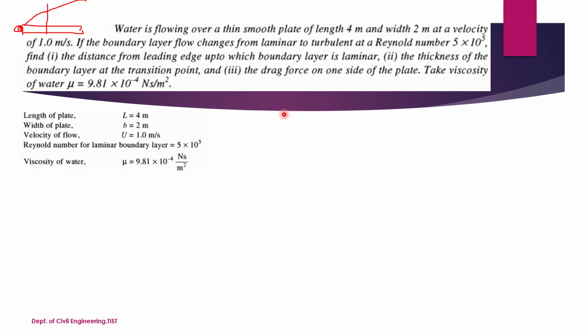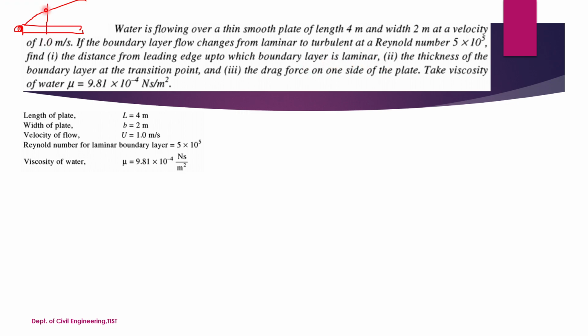And in this particular question, it is clearly mentioned in the question itself that we have both laminar boundary layer and turbulent boundary layer. Up to a section, it is laminar. Beyond that section, it is turbulent. So first we'll find out what is the distance from the leading edge up to which the boundary layer is laminar.